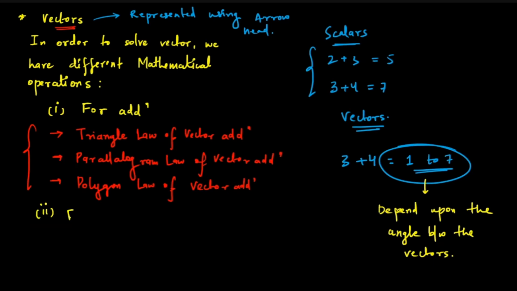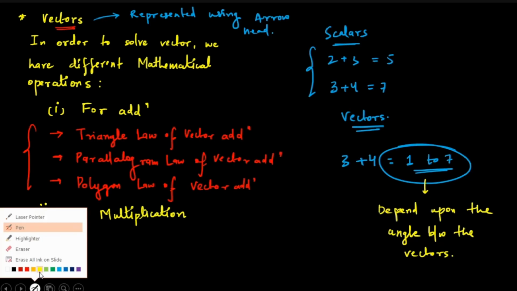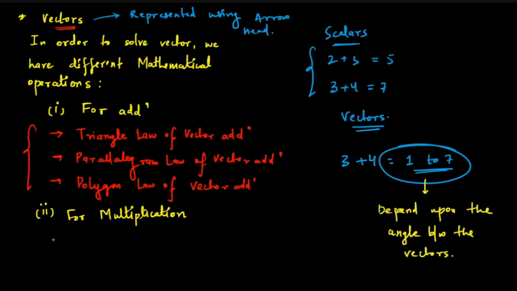Similarly, for the product or multiplication, we also have different methods. Generally, when we multiply scalars, we simply say 2 times 2 is 4. But for vectors, multiplication can differ. So here are two different products which we use, and the names of these two products are dot product as well as cross product.